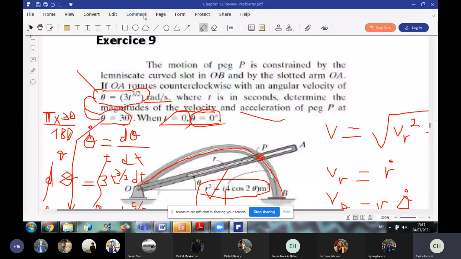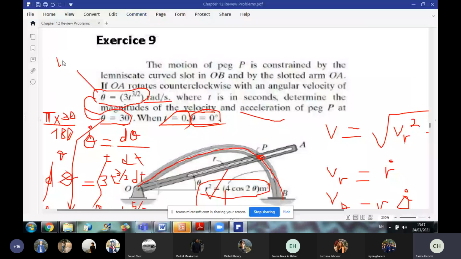If I derive this, you know that the derivative of t to the power n is n t to the power n minus 1. Here n is equal to 1.5.